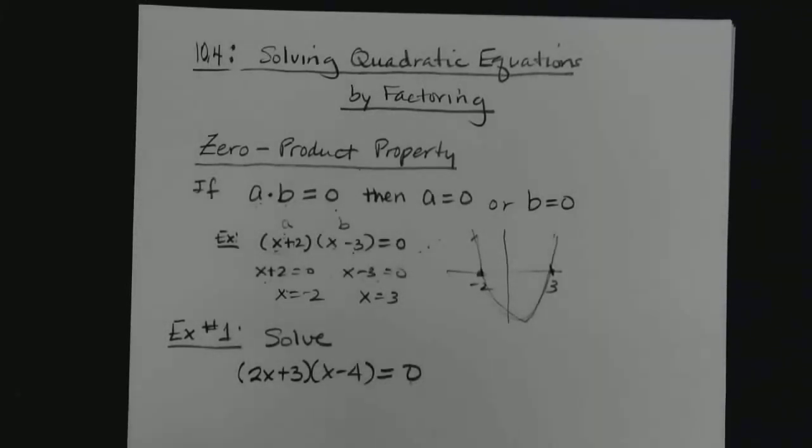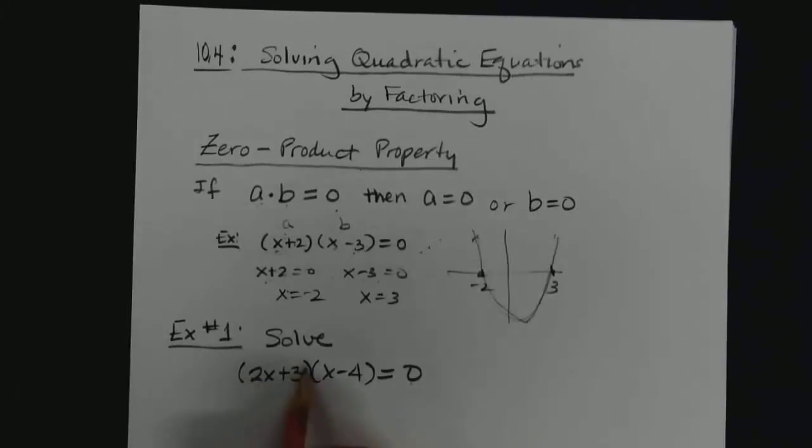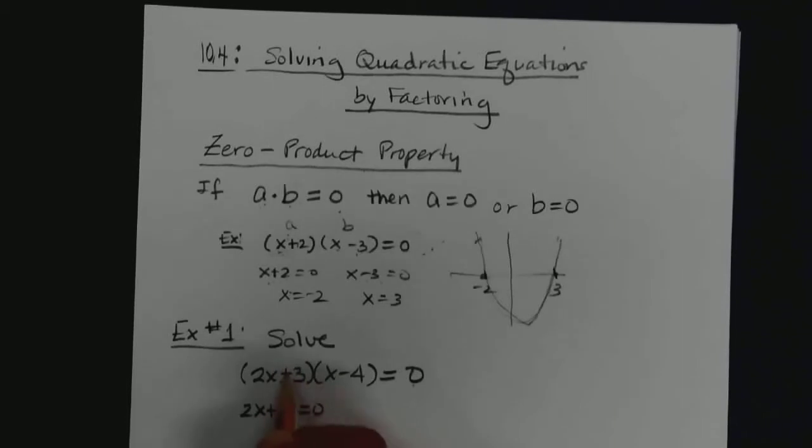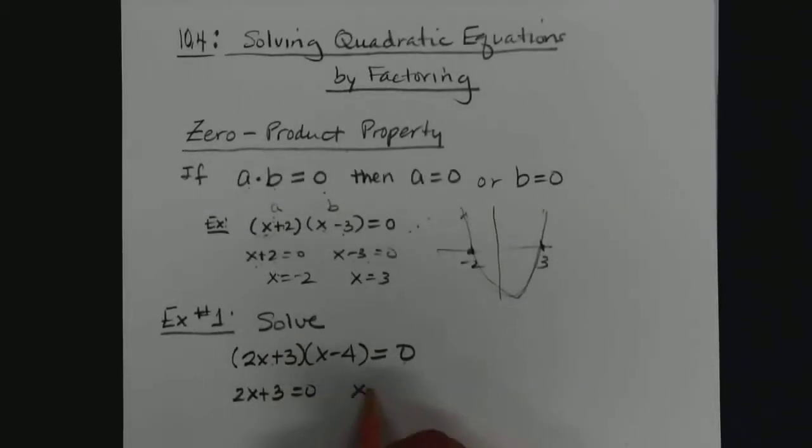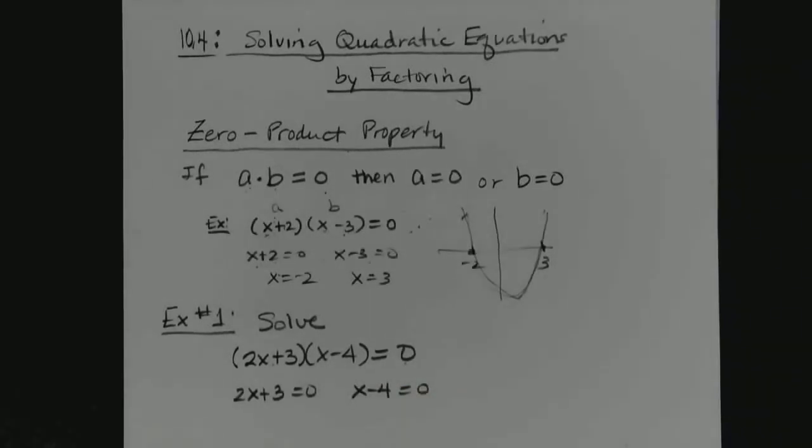So now using the zero product rule, we're going to set that equal to 0. 2x plus 3: if that was 0, the whole thing is 0. And then the other one will be x minus 4, set that equal to 0. So if this was 0, the whole thing would be 0. Now I want to know what those two x's are to make this whole thing equal to 0, and where my x-intercepts are. Okay, let's do this one first.